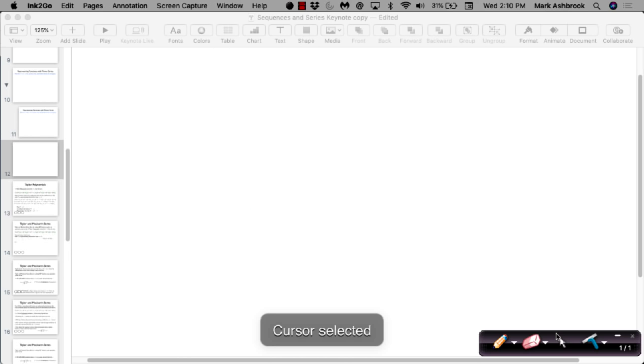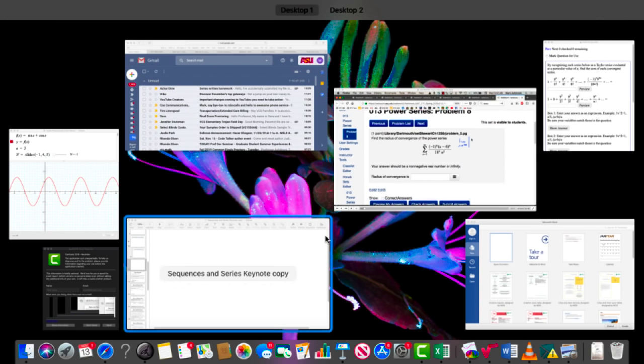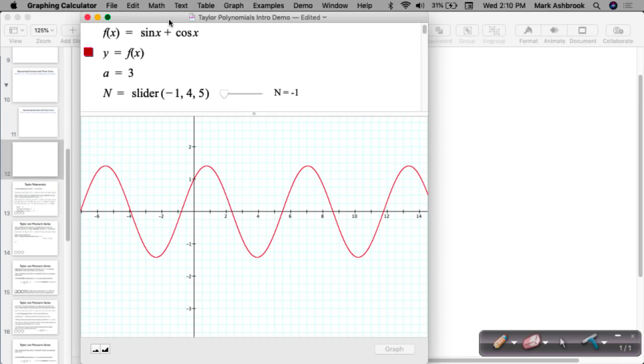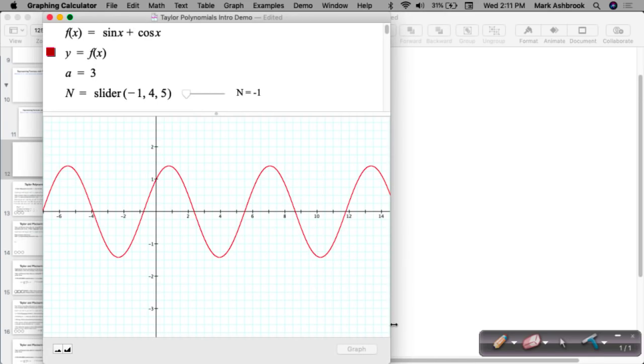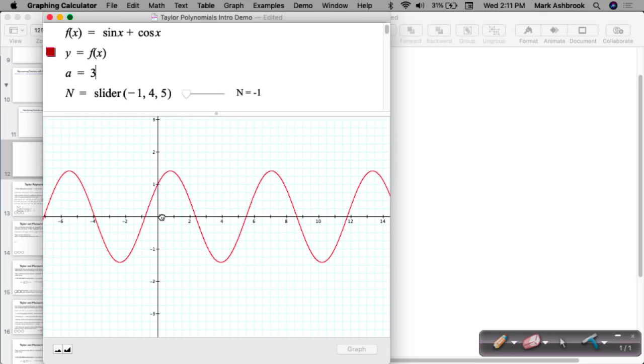So the new stuff is something that we call Taylor polynomials. I'm going to give you a kind of a visual tour of this so we know what we're doing when we get to the math. So here's a function sine x plus cosine x, and I've graphed it. And that's our function f.